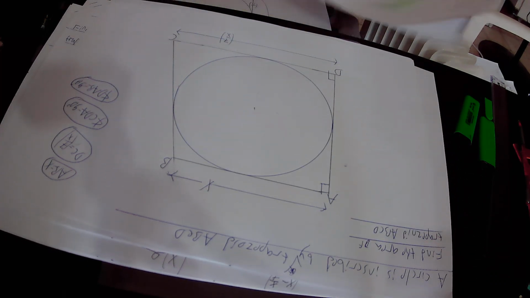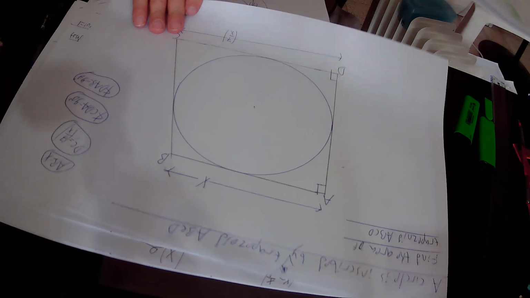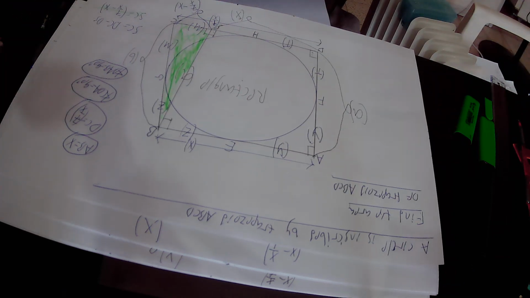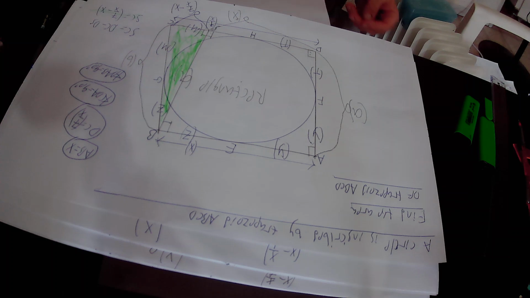So, first of all, we define the points of tangency of this trapezoid ABCD with this circle with letters.